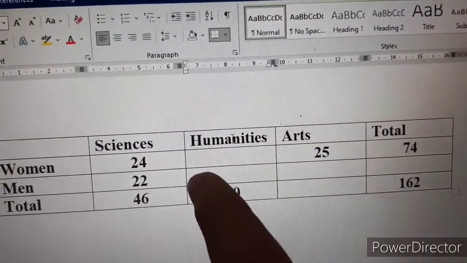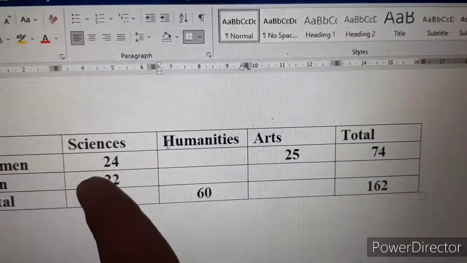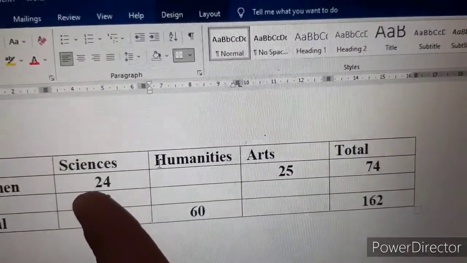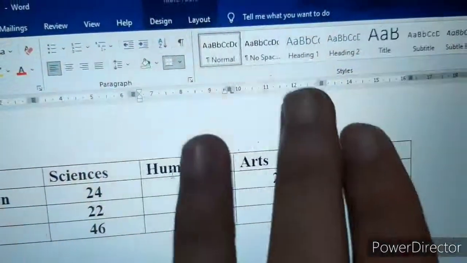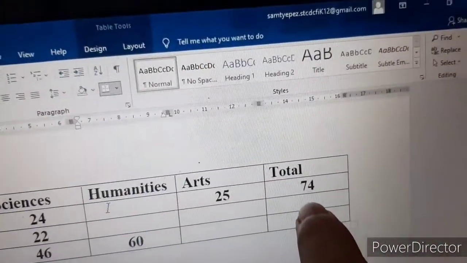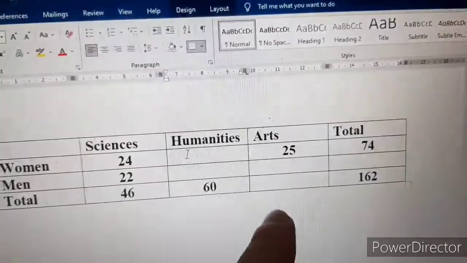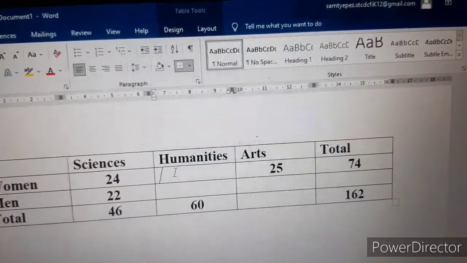In humanities we don't know, but if we add both of these, 20 plus 20 is 40, so it will be 49, right? So if we deduct 49 from 74, it would be 25. So put 25 here.